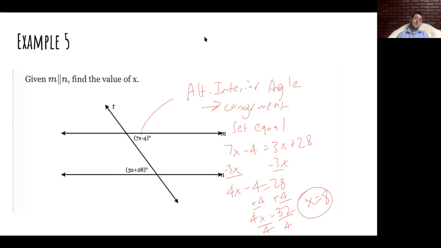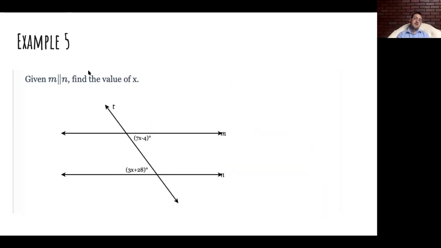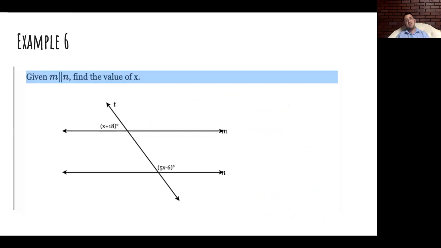All right, let's do one more. That's not an obvious angle pair. So with this angle pair, we don't know for sure what the angle pair is with the way that it's written. But one thing that we could do just to make things a little easier here, if this is x plus 18, I could use vertical angles. And I could say that this is x plus 18. And then these are same side interior angles.